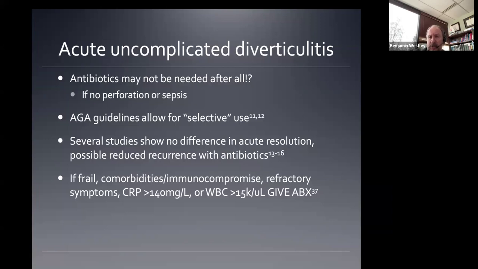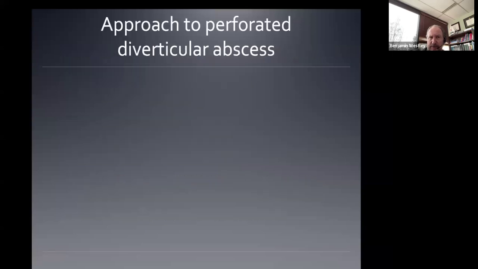But not all mild cases of outpatient diverticulitis may benefit from antibiotics. There's also no role for probiotics to decrease recurrences. Apparently, this is a thing that I was not aware of, but it's been specifically studied, and the guidelines say don't give probiotics to try to prevent diverticulitis recurrences.